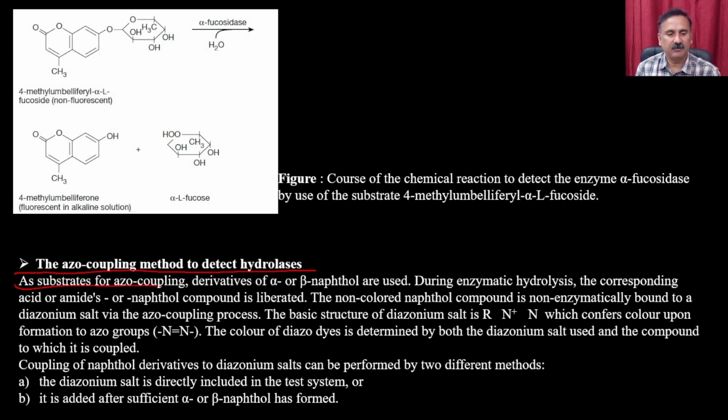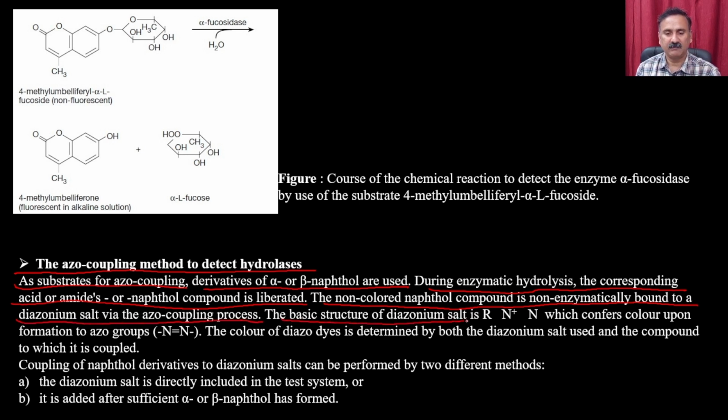As the substrate for azo coupling, derivatives of alpha or beta naphthols are used. During enzymatic hydrolysis, the corresponding acid or amide and the naphthol compound are liberated. The non-colored naphthol compound is non-enzymatically bound to a diazonium salt via the azo coupling process.